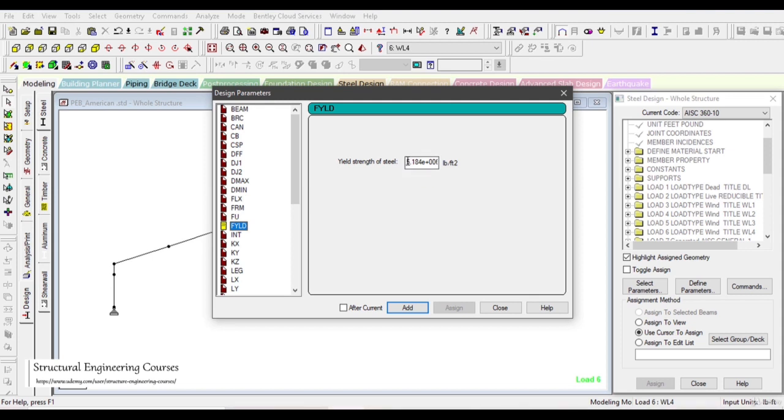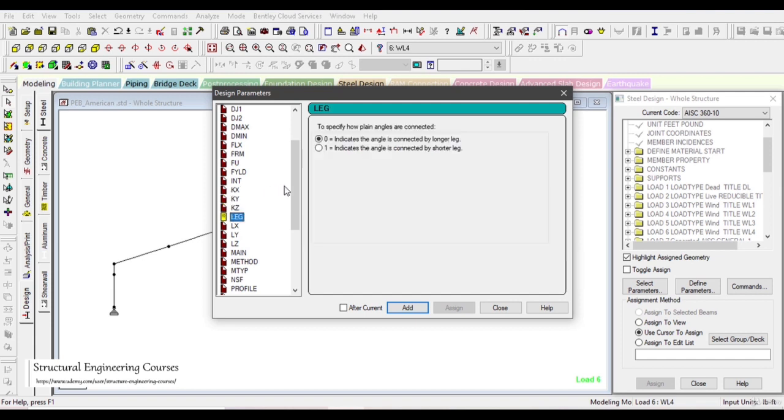Here we can select FYLD and FU. So FYLD we can select it like that only, and LY and LZ we can also assign them.